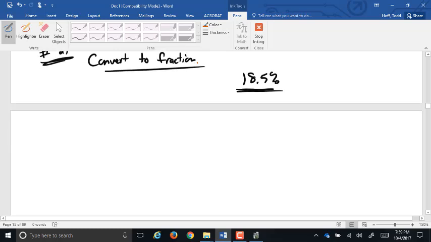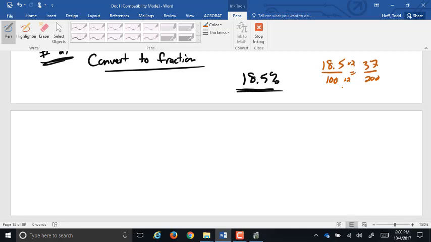I knew that one was coming. 37 over 200. That's 18.5 over 100. If you double it, that's 37 over 200. Got to do both of them times 2. Oh, 185 over 1,000 and reduced it. Should still reduce down to 37 over 200.